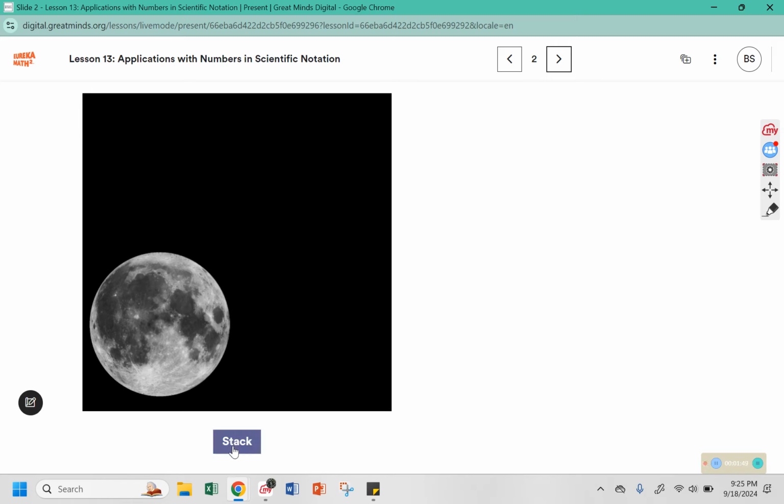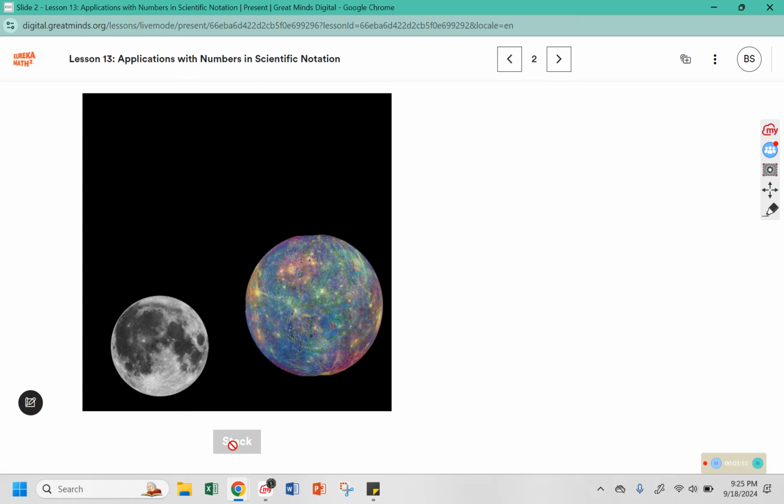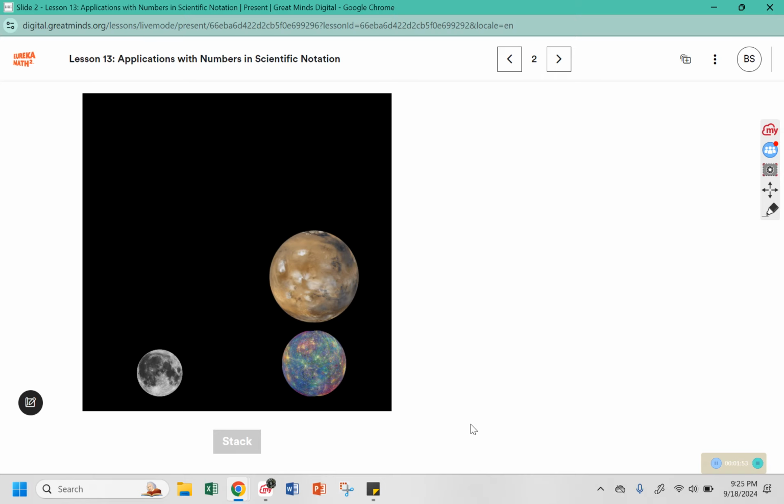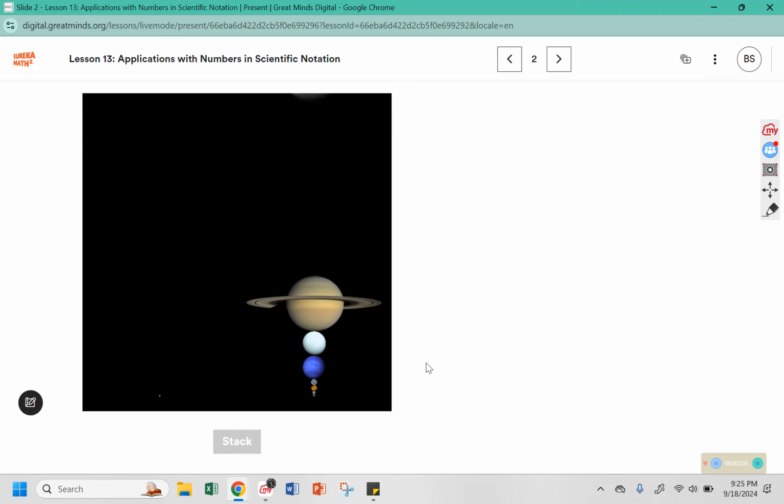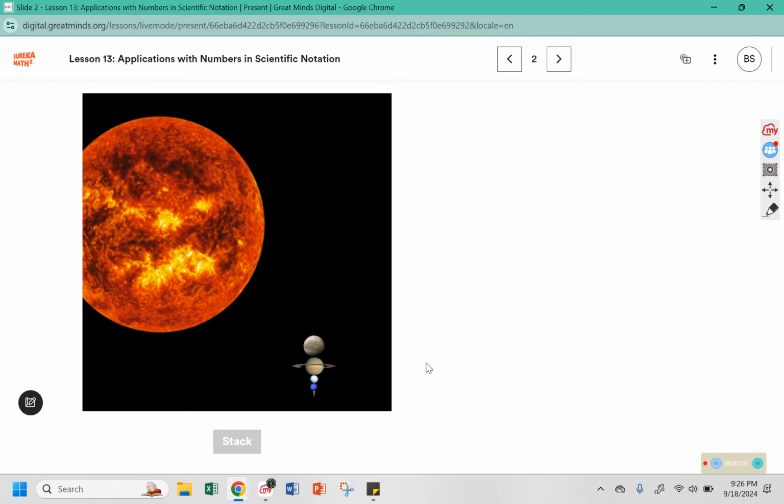Here, we're going to stack. Here we have the planets, and here's the moon getting smaller and smaller. With the sun.